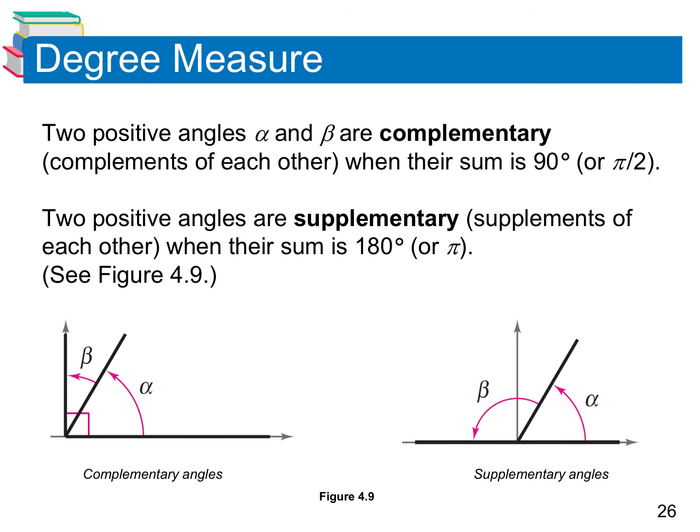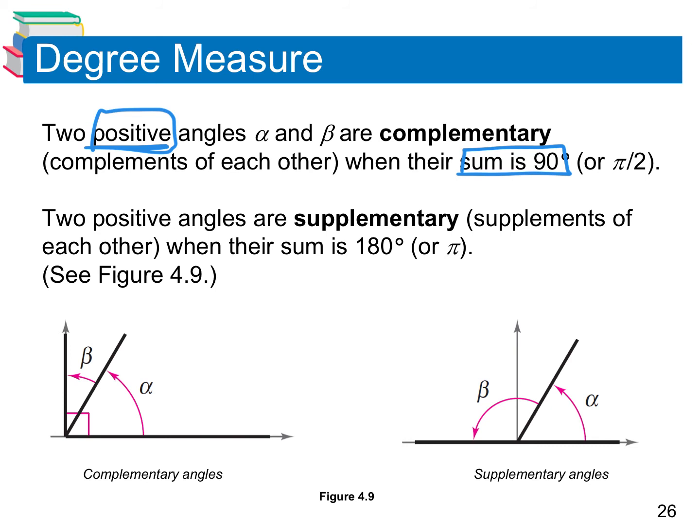Okay, so hopefully you remember this from geometry. If we have two positive angles, and positive is the keyword, alpha and beta are complementary, or complements of each other, when their sum is 90 degrees. Or if we were in radians, it would be pi over 2.